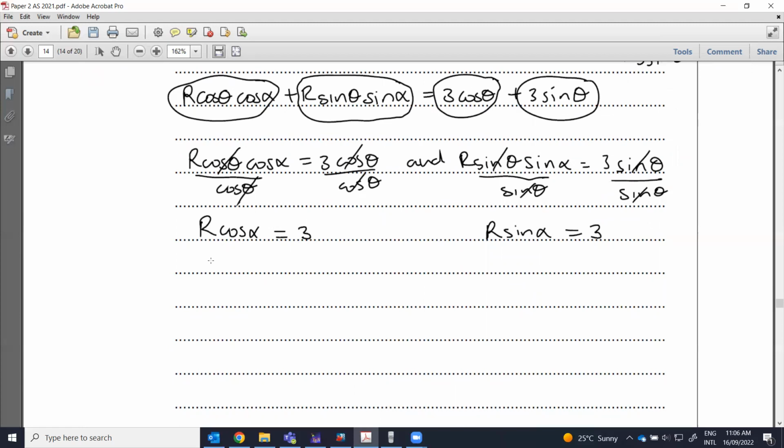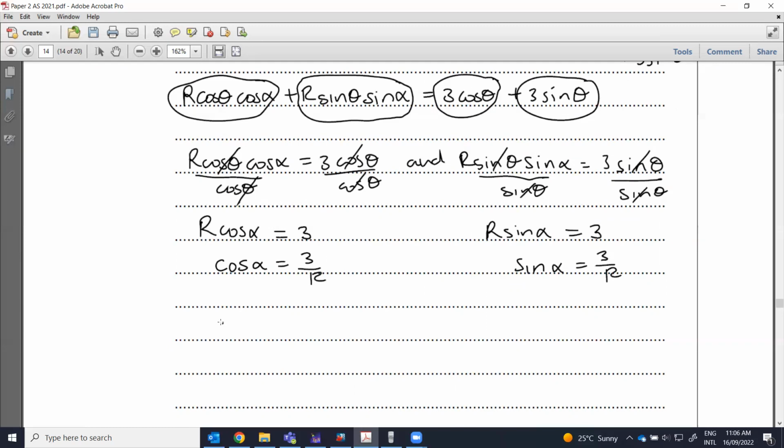Here I can make cos alpha the subject: cos alpha is equal to 3 over r. And the same thing here: sine alpha is equal to 3 over r. So these are both equal to 3 over r, which means they're equal to each other.